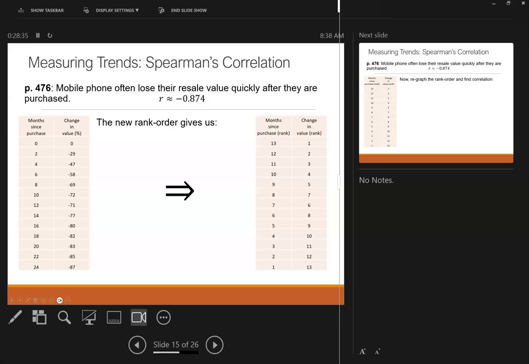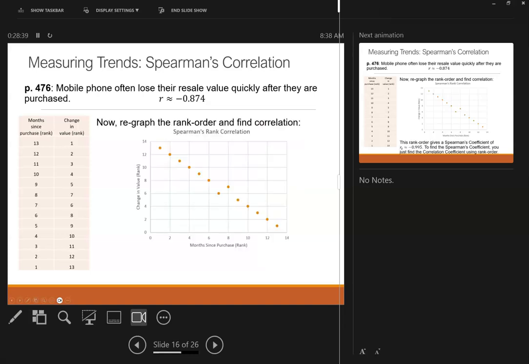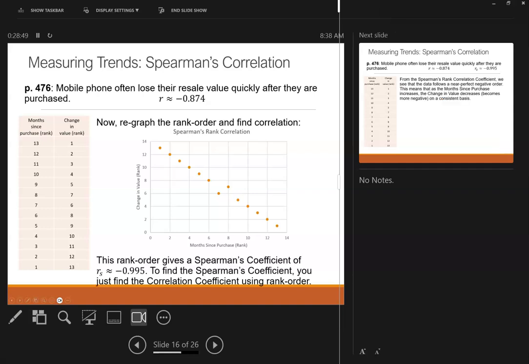So far, so good. What we do now is graph the scatter plot. Look at that. Pretty linear, isn't it? Now, to calculate the Spearman, all we do is the Pearson calculation on this data set.